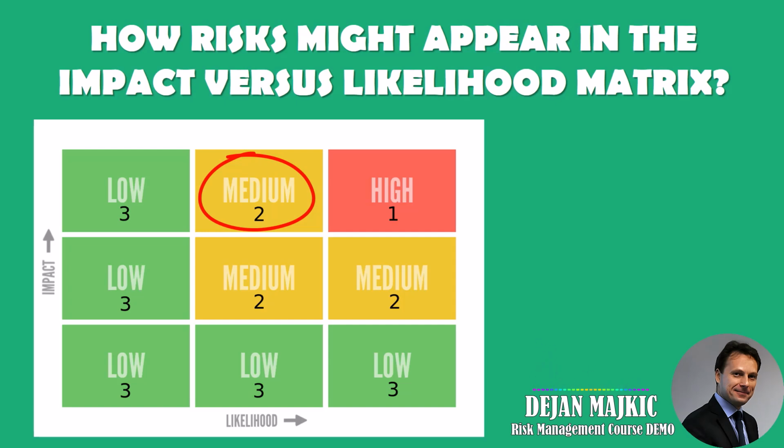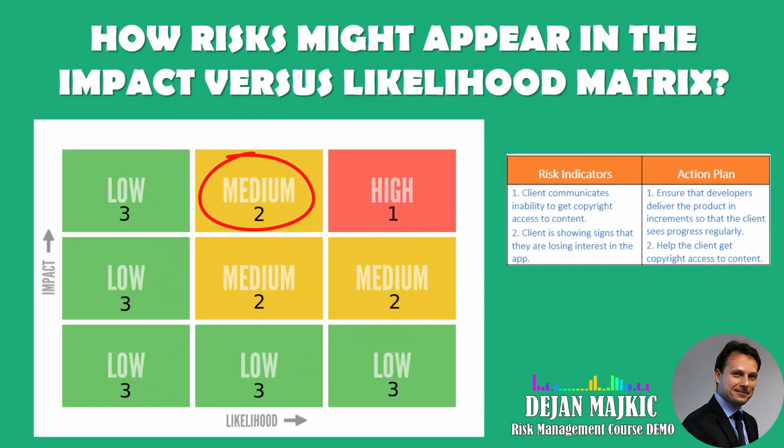You already have the first two columns of your risk plan done for this particular task, the risk rank and its description. An indicator that your client is not going to get copyright from the artist that they want in the app is that they are communicating this issue to you or they are showing signs that they are losing interest in the app.